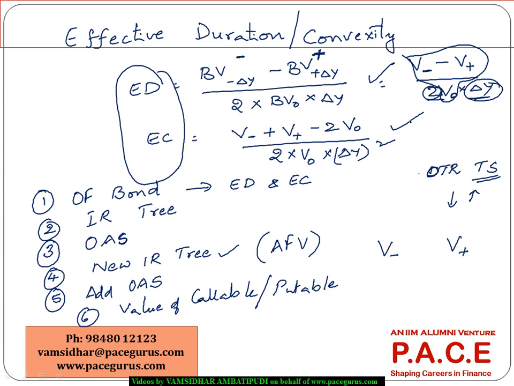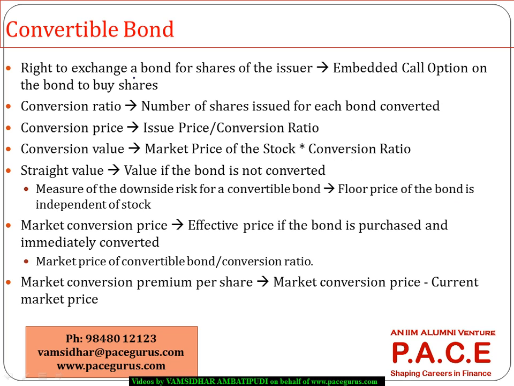All right. In this session, we are primarily dealing with the concept of a convertible bond. Initially I have a bond and I can exchange this bond for a few shares of a company. That is what I call a convertible bond.